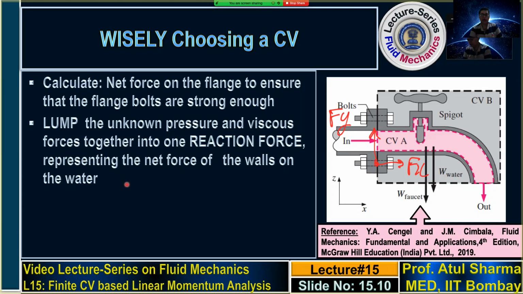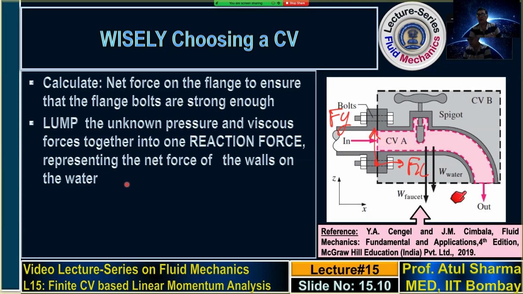Our objective is to obtain this Fx and Fy. To calculate Fx, we will consider the net x momentum flow rate going out of the control volume. At the outlet, you do not have any u velocity, so the x momentum flow rate going out from the outlet is 0. Then minus the inlet. At the inlet, the x momentum flow rate will be the mass flow rate times the u velocity.